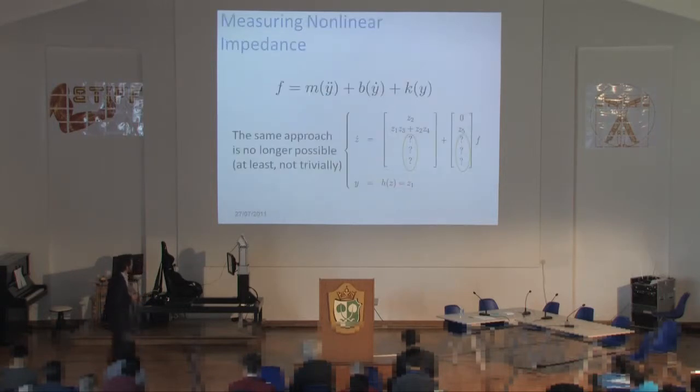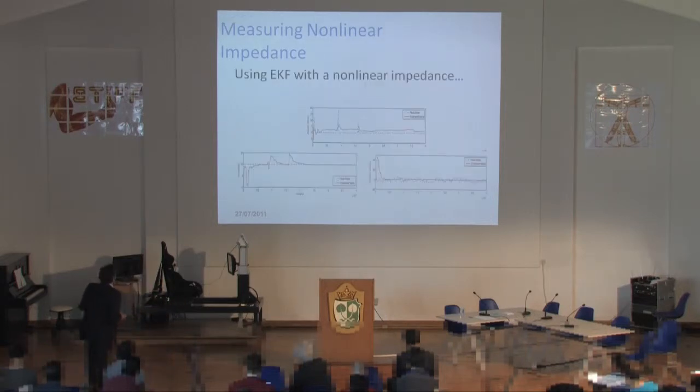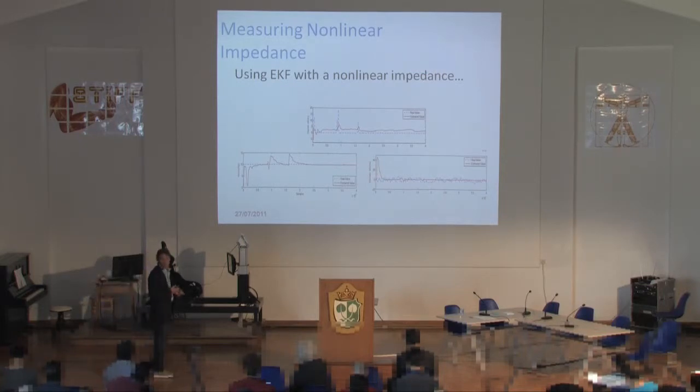But the same approach is no longer possible, at least not trivially, when you have nonlinear impedance, because you cannot simply build this model. If the impedance depends on the state, for instance, you have to know the model for the impedance before deriving this model. So you do not really have this solution unless you imagine some shape of this relation, and then you identify the parameters. So if you use an extended Kalman filter with a nonlinear impedance, it really doesn't work.